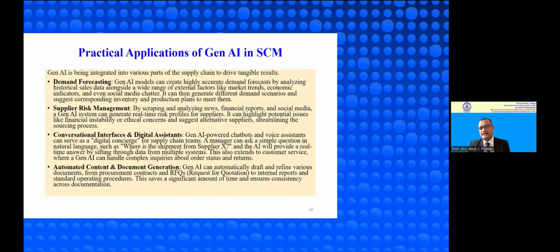So there are various practical applications of Gen AI in SCM, and one of them is demand forecasting. Gen AI models can rapidly create highly accurate demand forecasts by analyzing historical sales data. It can consider various factors like market trends, economic indicators, social media chatter. So by fetching the data from different platforms, it can really contribute towards accurate forecasting and inventory management.